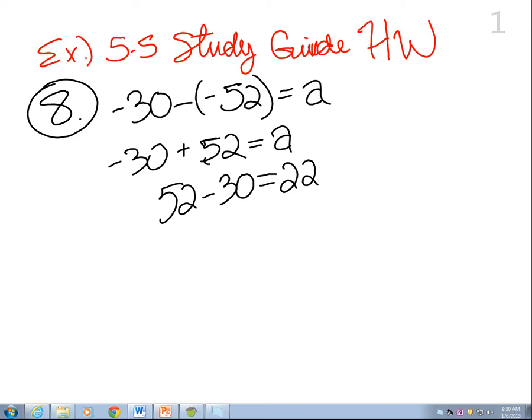Okay, now I ask you, which one has a bigger absolute value? Negative 30 or 52? So, is my answer going to be positive 22 or negative 22? Positive. You guys are very smart.